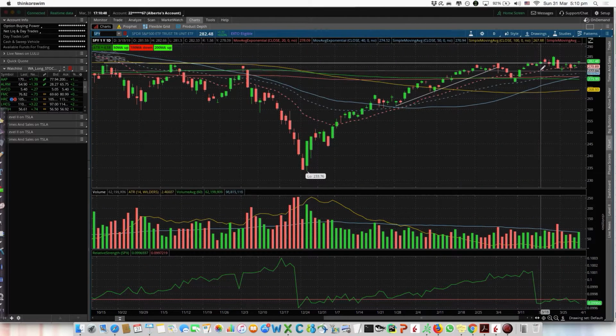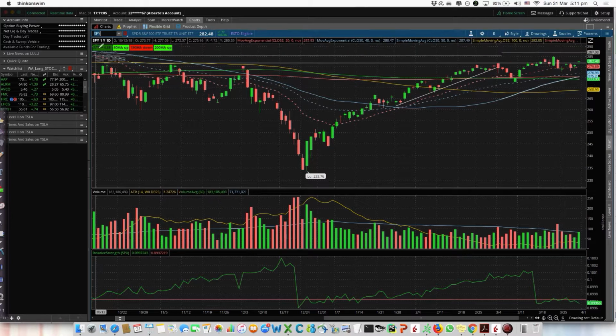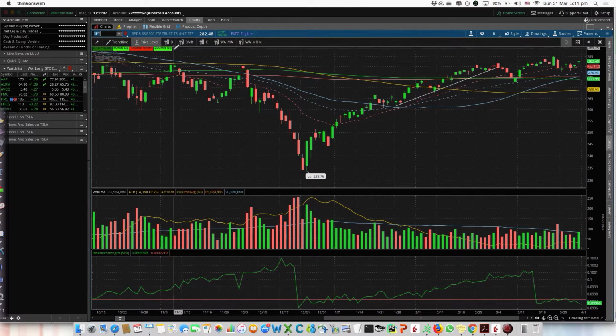So when the dotted red is above the blue dotted, it is a short-term indication of uptrend, so it's good for going long. On top of that, the price is above the red line. The red line is looping up. So I created in Thinkorswim this kind of tool that is showing you if the slope is also up or down.